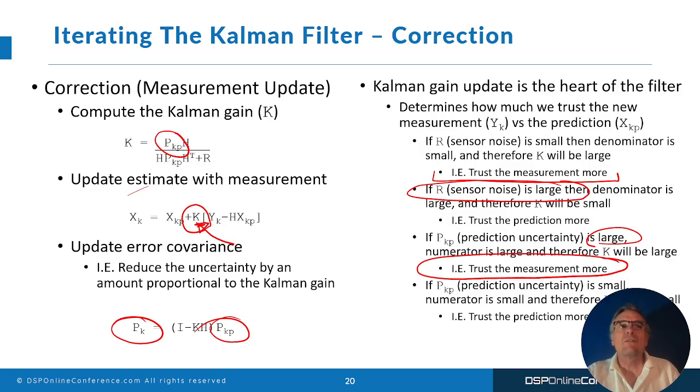What's the covariance on our signals? And as I mentioned, hopefully we will reduce the uncertainty in our measurement by an amount proportional to the Kalman gain. So hopefully our error estimate is always going to be moving down the slope. Okay, fantastic. Hope that's all clear.